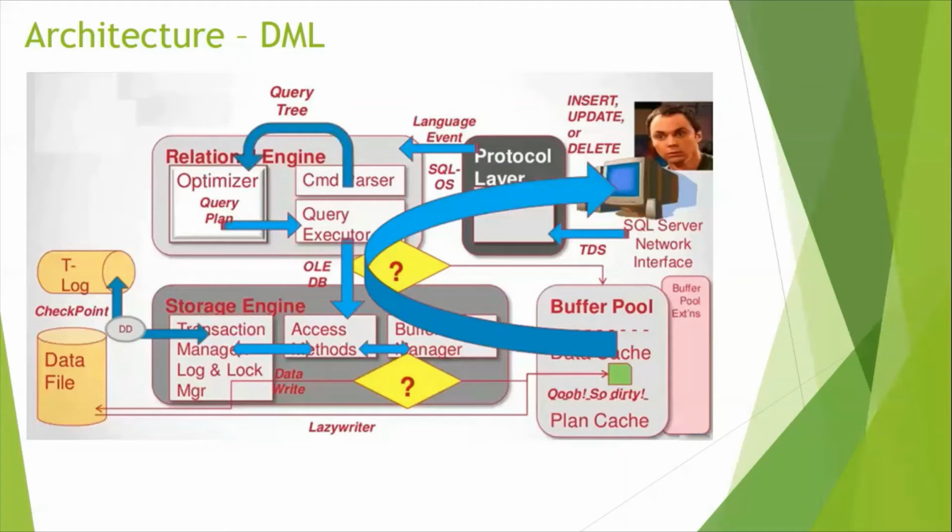Because let's consider the transaction is in the buffer pool. We have not written the transaction into the log file, so it is there in the buffer pool, but for some reason SQL crashed or SQL is restarted. What happens to the modifications, or the transactions which were committed?